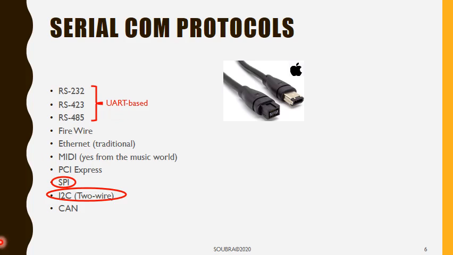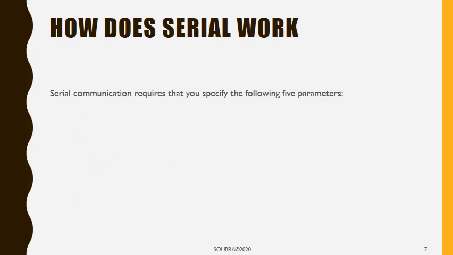We also saw SPI and I2C, or two-wire, when we talked about the Atmega features. We're going to get back to that later on, so don't worry if you do not remember. All right, so yeah, predominantly serial.